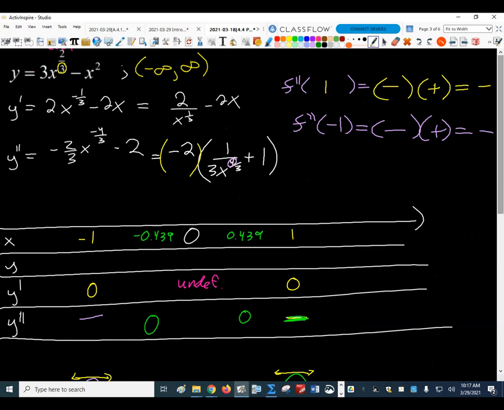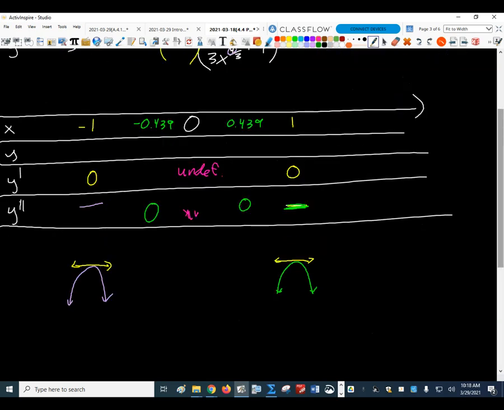So can I apply the second derivative test there? I can't apply it, can I? Okay. So what do I have to do then if the second derivative fails? Once again, they screwed up my board.